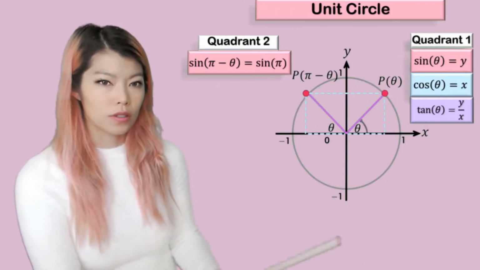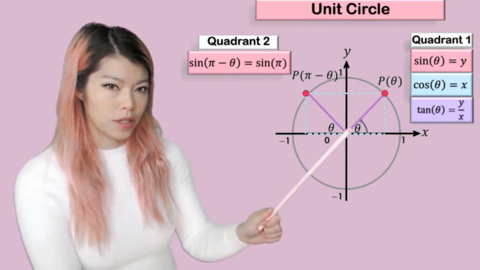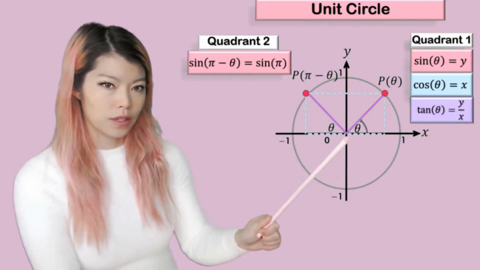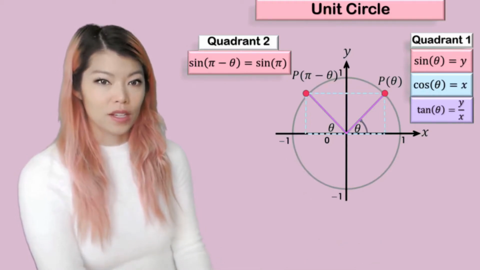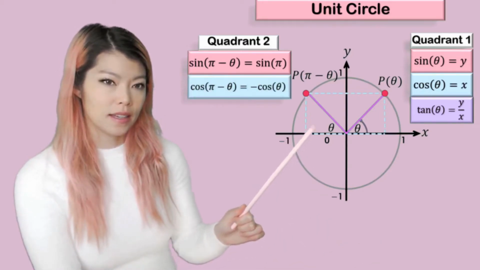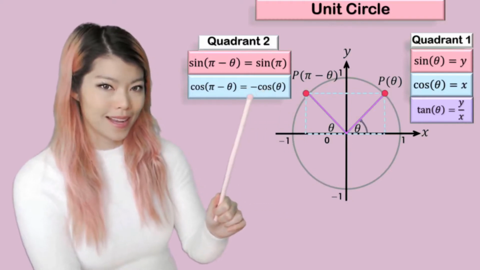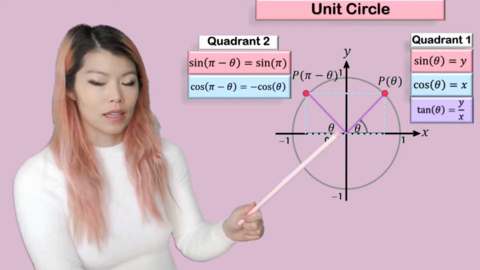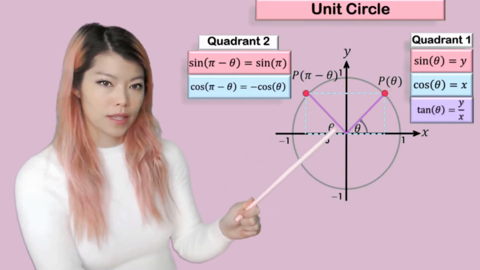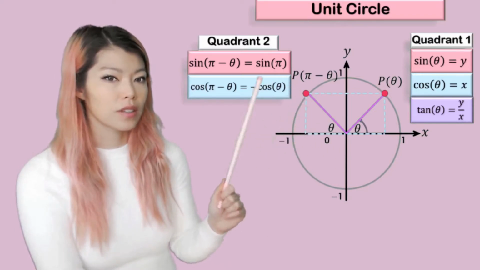What about cos at this point? Well, the distance, the x value, looks the same, except the x value on this side is negative. So cos of pi minus theta is the same as cos theta, but negative. What about tan? Well, we know from the third video, where we talked about tan, that tan is negative in the second quadrant.